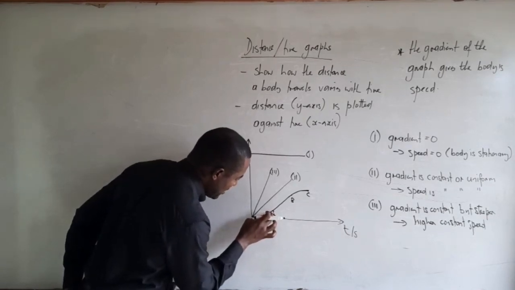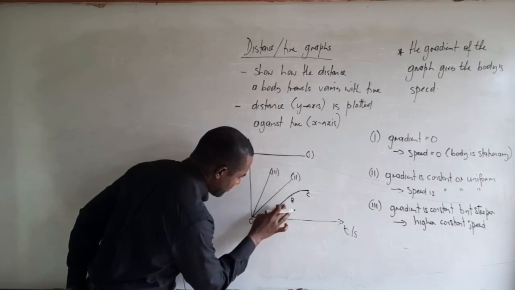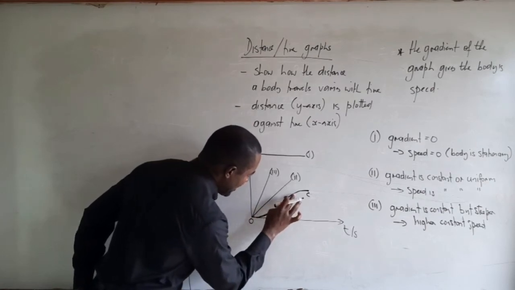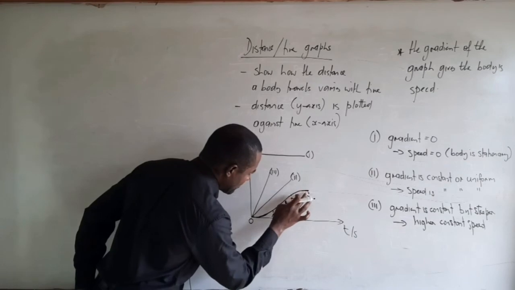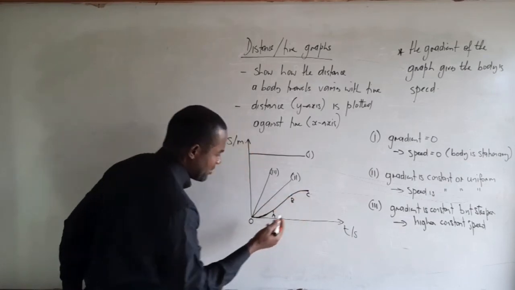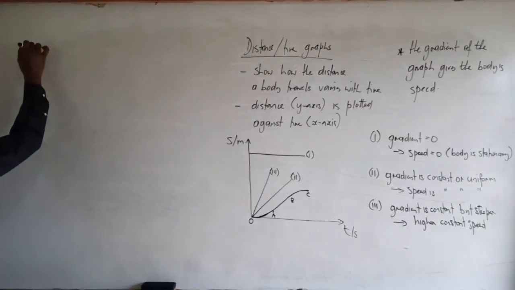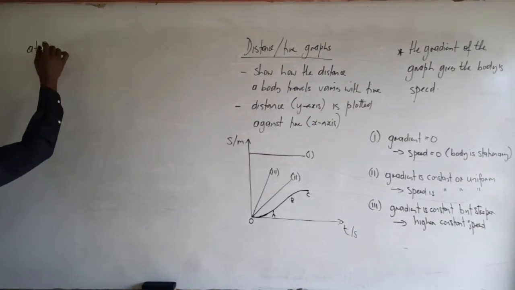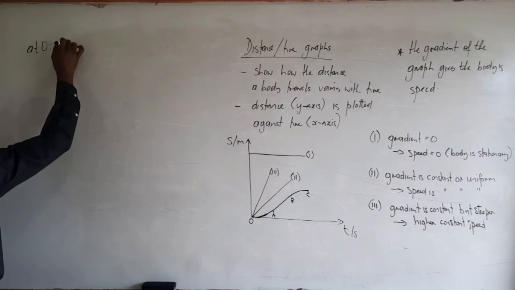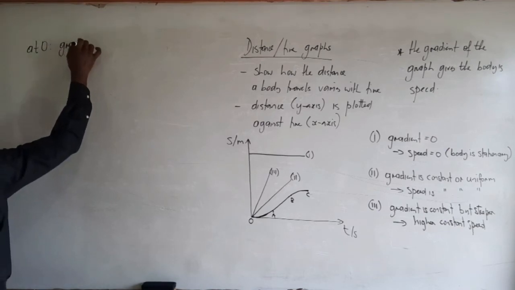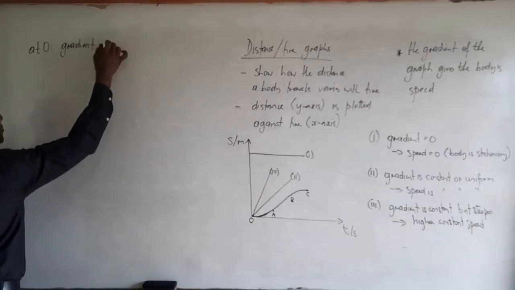Now between A and B is a straight line, and then beyond B, it starts to curve downwards, it starts to get flat. And at C, it eventually flattens, right? So we say that basically at O, the gradient is 0.